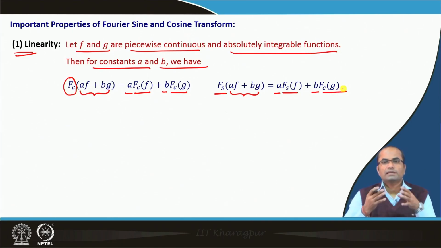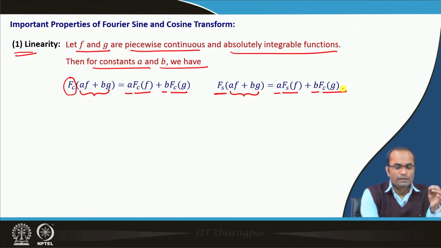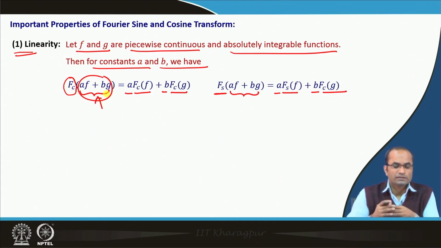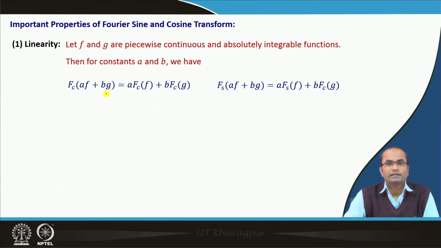This result can easily be obtained just by plugging a f plus b g into the definition. As we know, it is an integral, and integrals enjoy such a linearity property. Therefore, all these integral transforms have this linearity property.